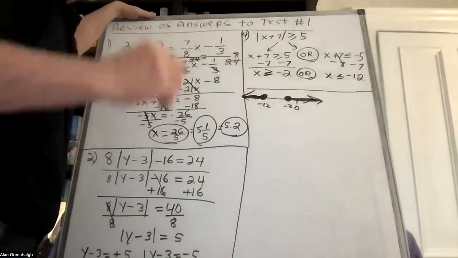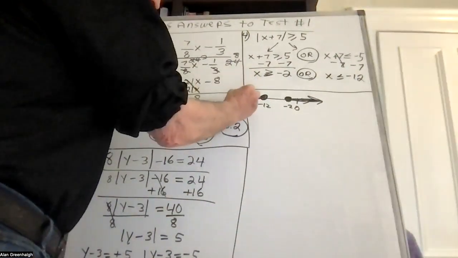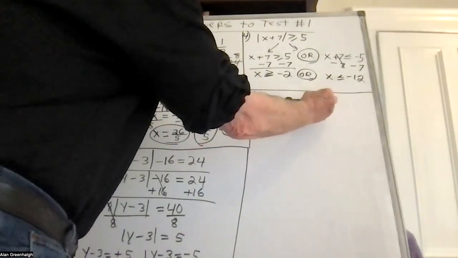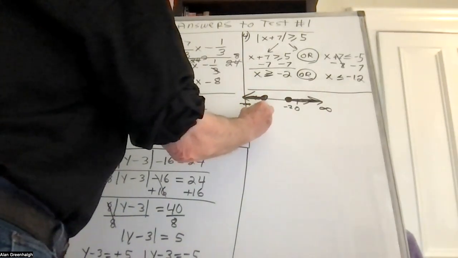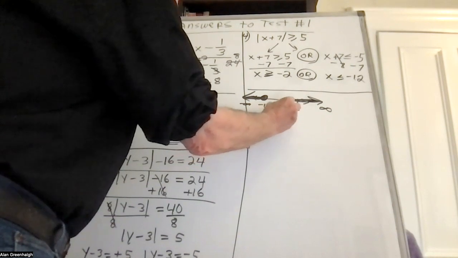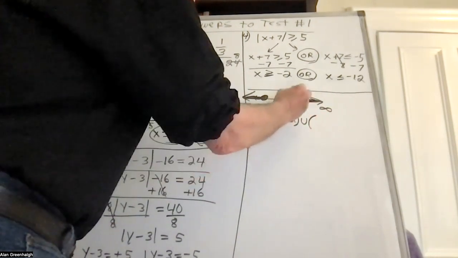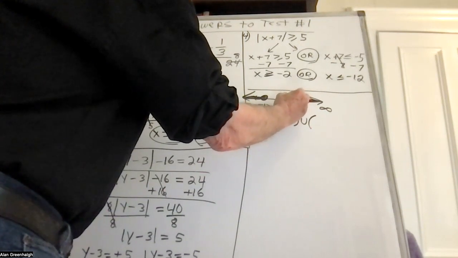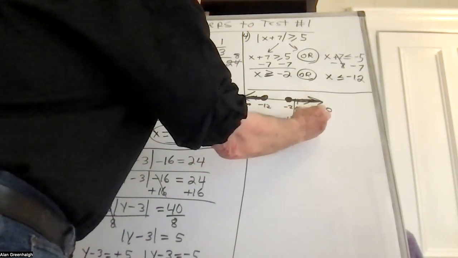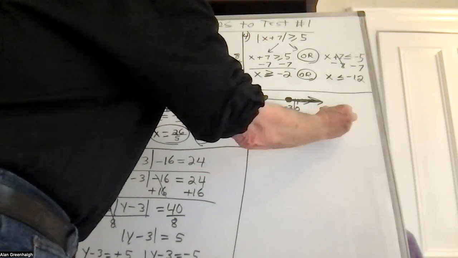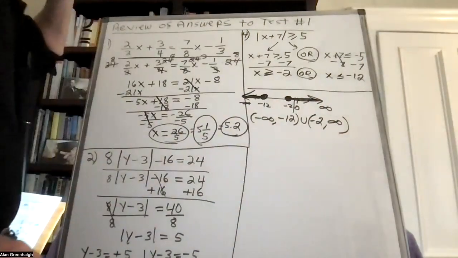Now, in interval notation, remember, this is -infinity, and that's infinity. This is what it looks like. This is not -20, this is -2. -2 to infinity.